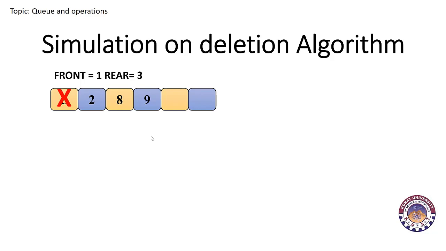We cannot delete any element from the queue. In that case, we simply write underflow and move to step 2 by exiting the deletion algorithm.